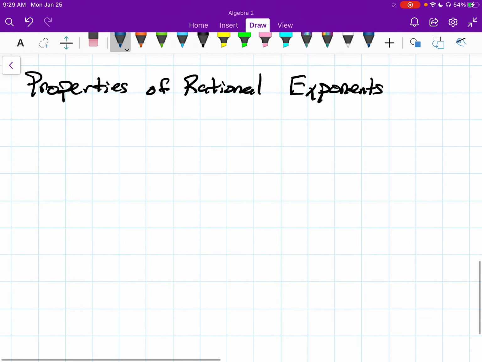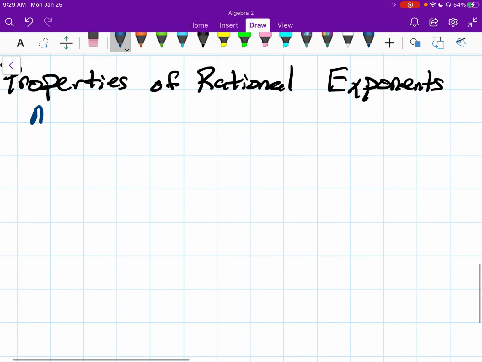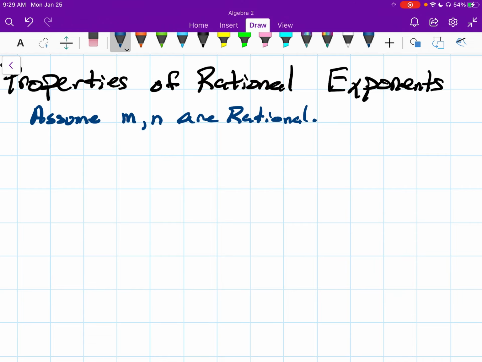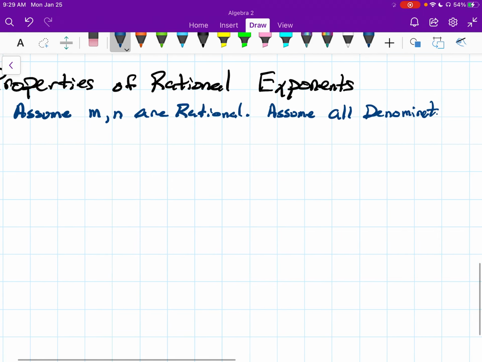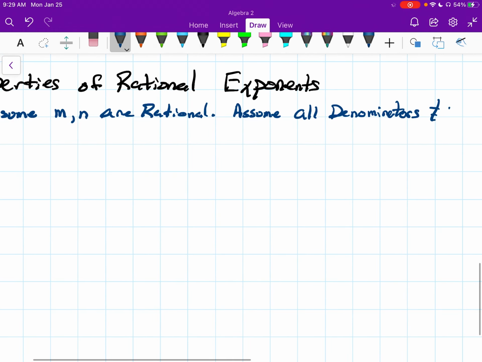All right, if you wrote nothing down so far, this next piece is something that we need to write down. We need to assume m and n are rational and assume all denominators are not equal to 0.